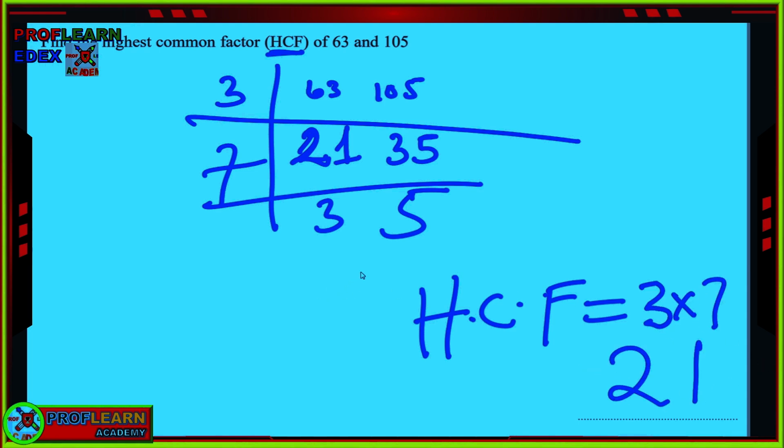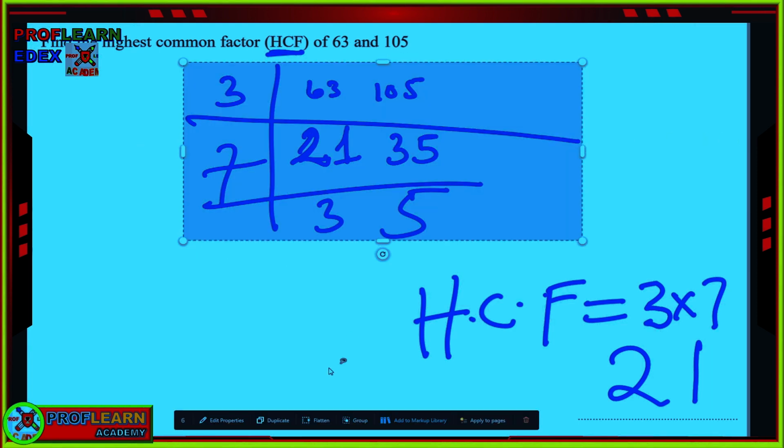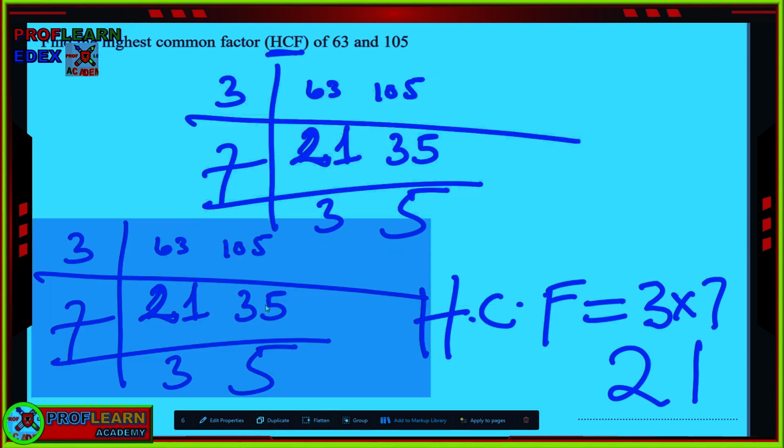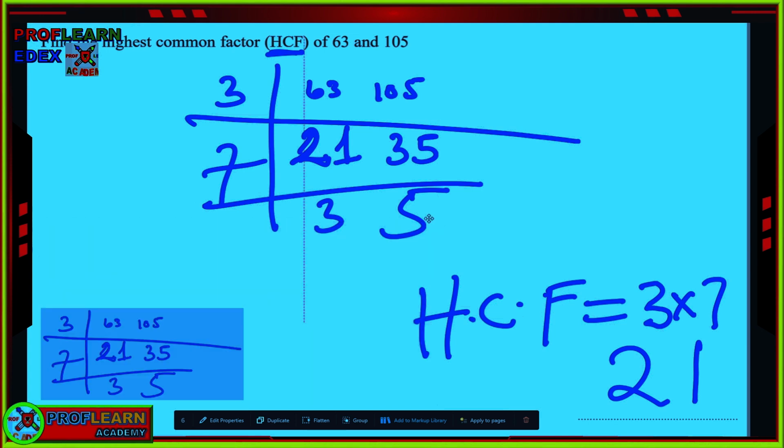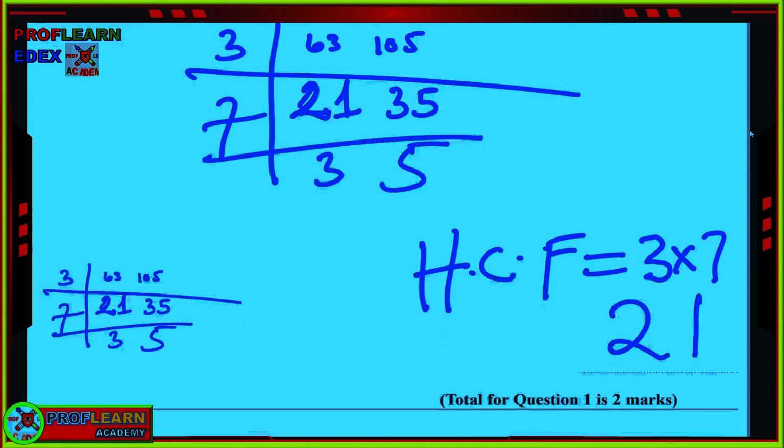But if you are finding the LCM, the least common multiple, it means you are to proceed again from here. Let me copy this so that I can show you. If the question was not about HCF and it was for LCM, what were you supposed to do?